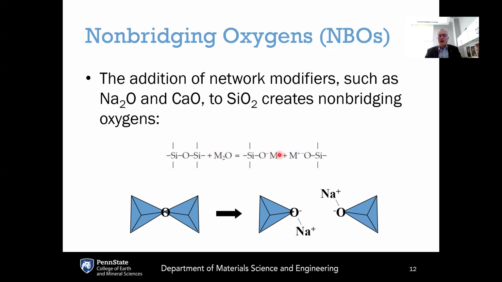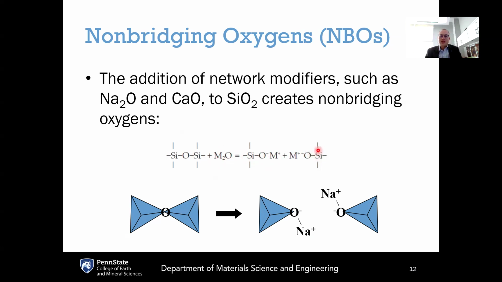And then one of the modifiers from the M2O unit goes to charge compensate one of the non-bridging oxygens.